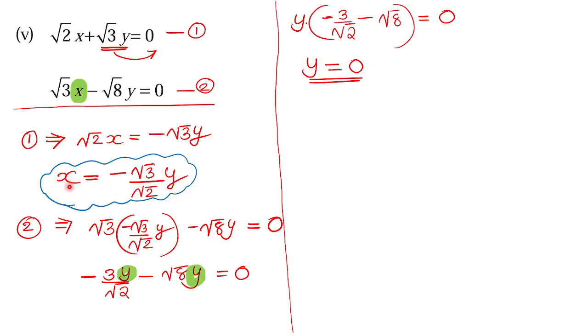I will get the value of x. Correct. So what is the value of x then? x equal to, use this, minus root 3 by root 2 into y. y is 0. Hence x equal to 0.